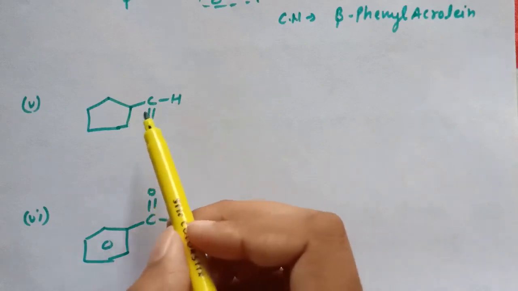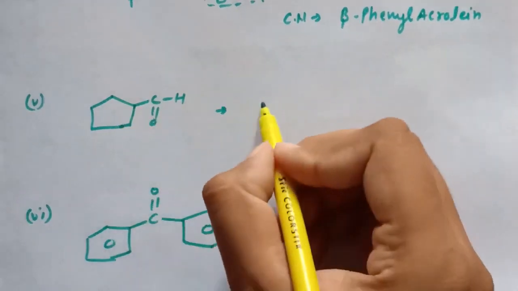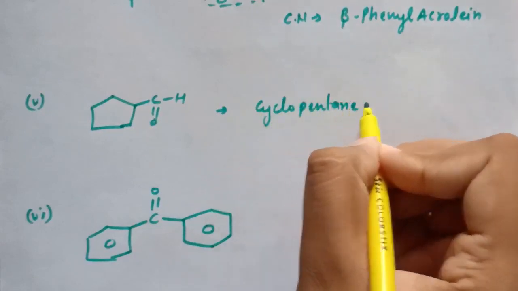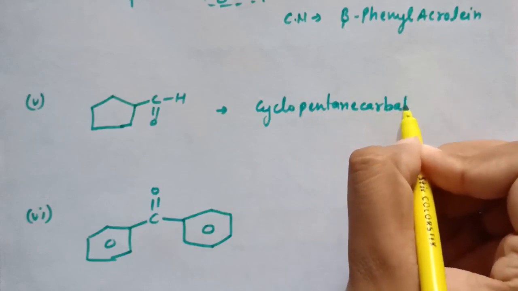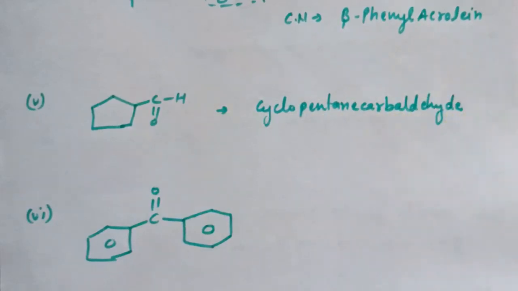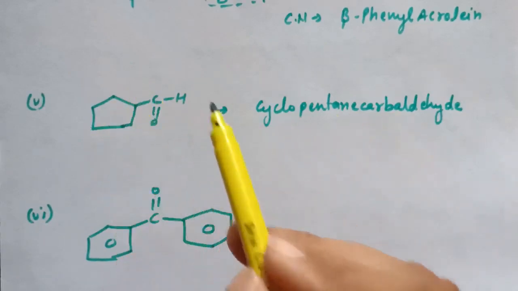Next, a CHO group is attached to a 5-membered ring and the name is cyclopentane carbaldehyde. This is the IUPAC as well as common name for this given structure.